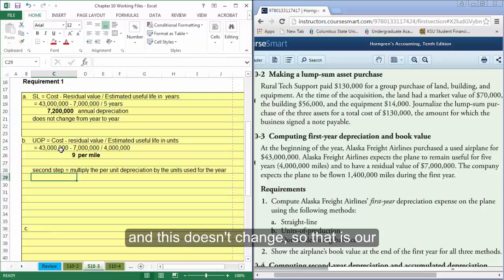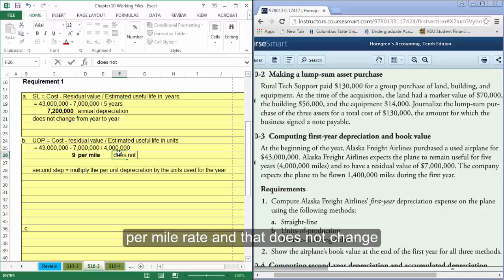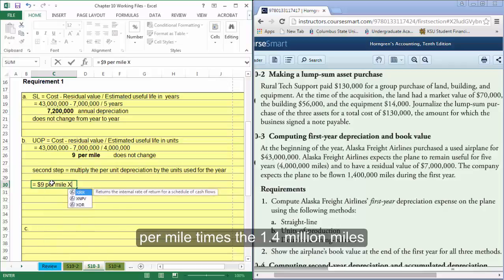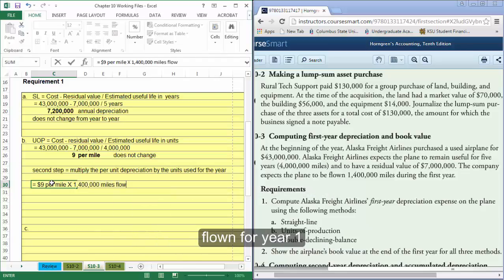That per mile rate does not change, unless the useful life of the asset changes or something. So in the second step, I take $9 per mile times the 1.4 million miles flown for year 1.